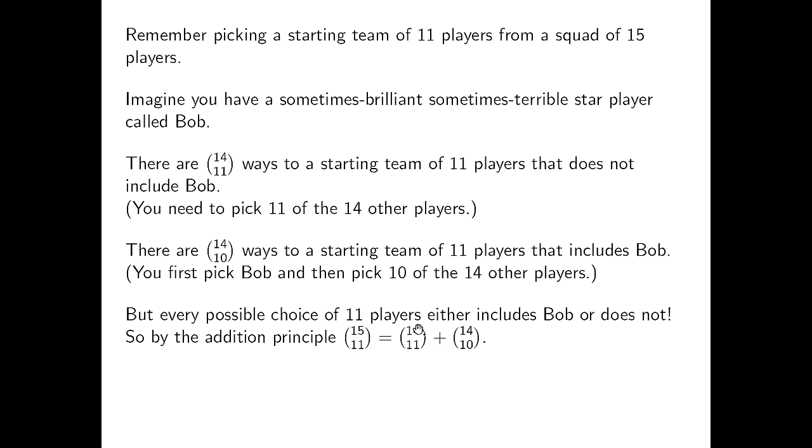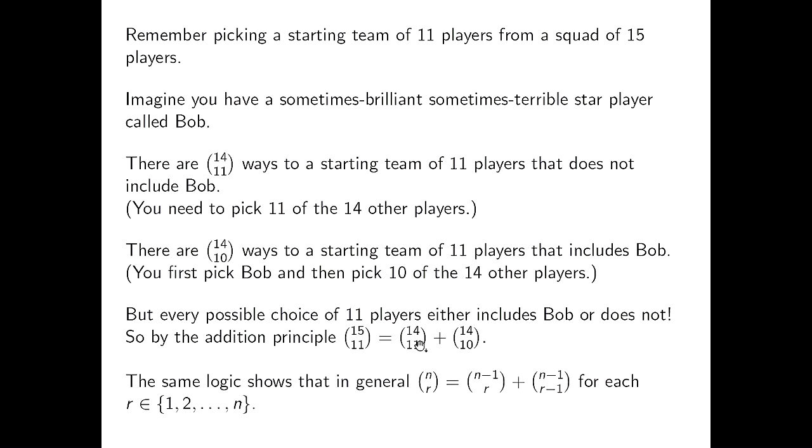And of course, there's nothing magical about 15 or 11 or about calling one of the elements of your set Bob, right? All of this argument goes through in general, right? You just think about picking an arbitrary element X of your set, think about the ways to choose your set with X, think about the ways to choose your set without X, and you get this thing here.